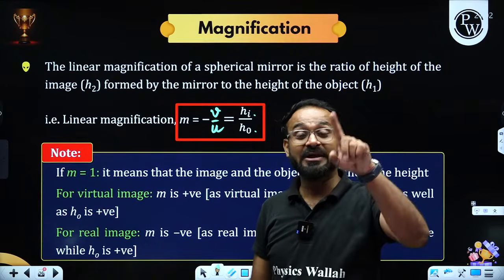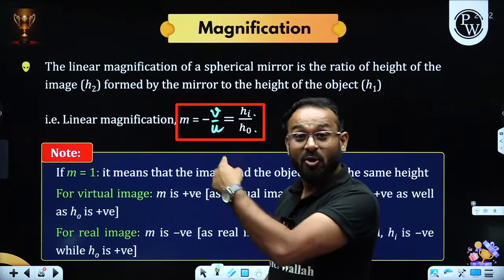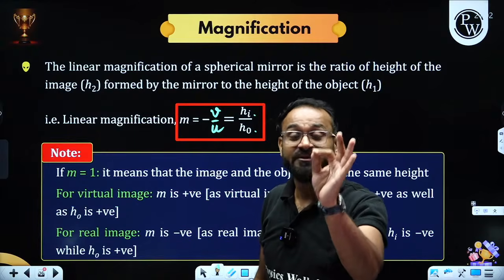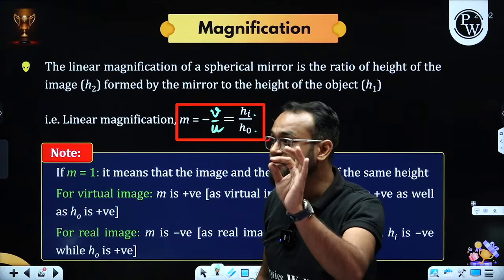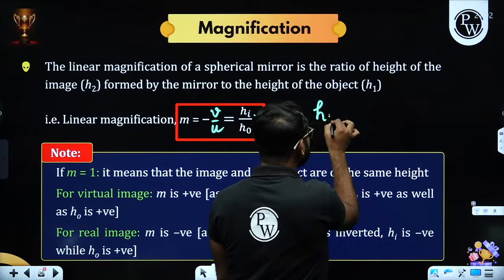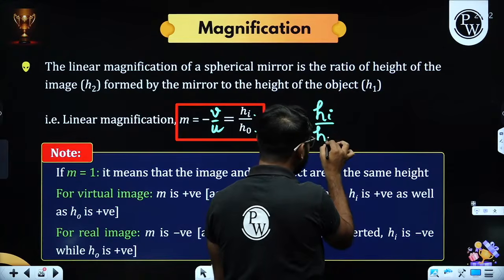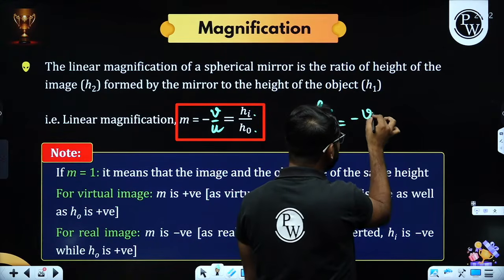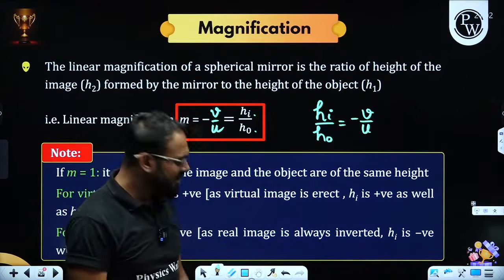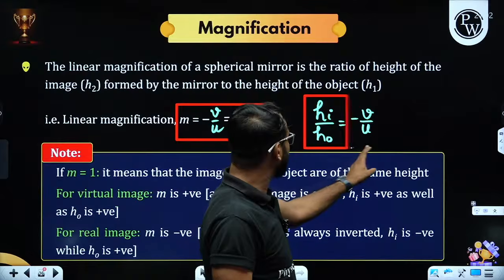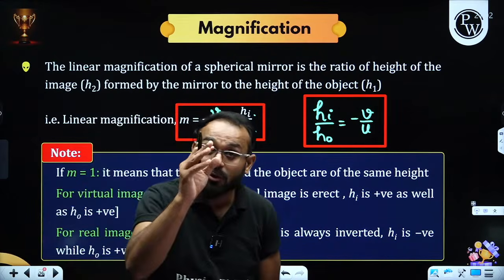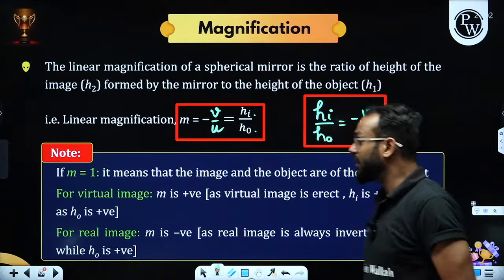There will be no negative sign in case of lens, but over here there is a negative sign, that is magnification equals minus v by u, which equals height of image by height of object, right? So there is a relation between height of object and height of image, and image distance and object distance, that is hi by ho equals minus v by u. Directly you can use it even in the numericals, right?